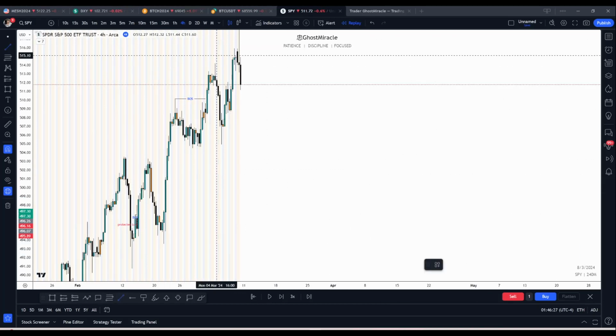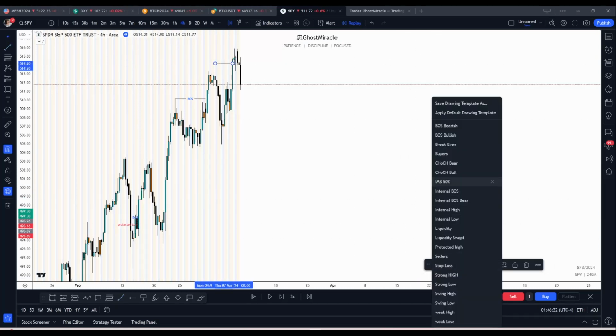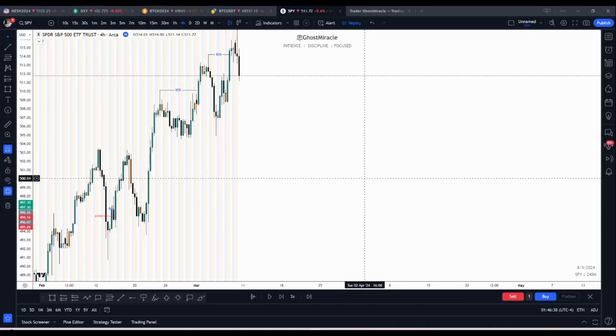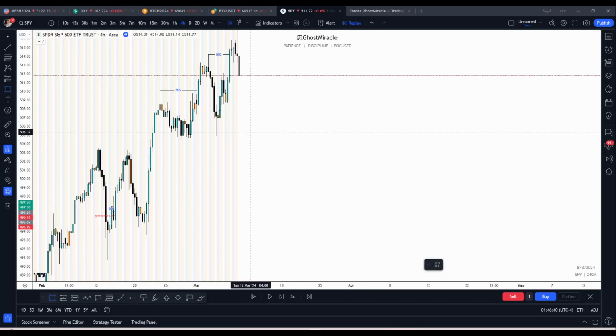Yeah, break of structure, bull. Another break of structure here, bull. And then you had your demand zone here.